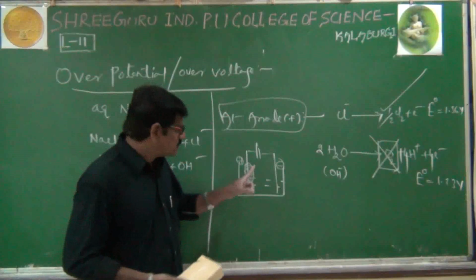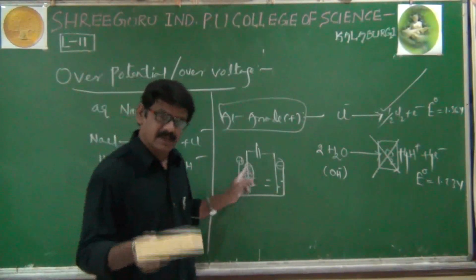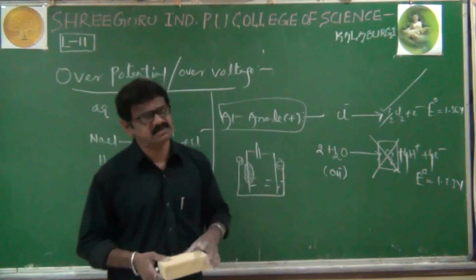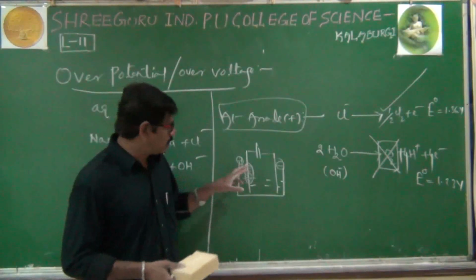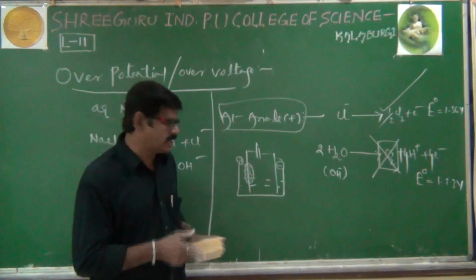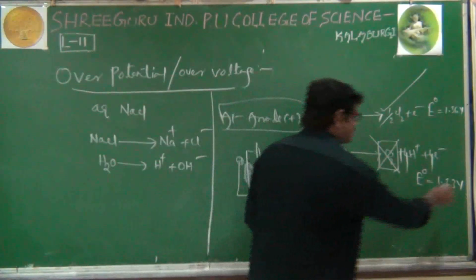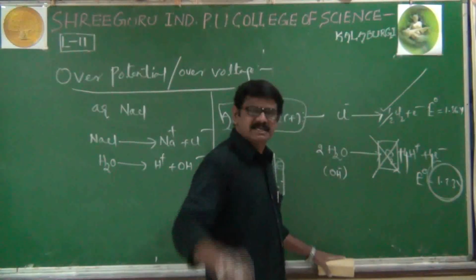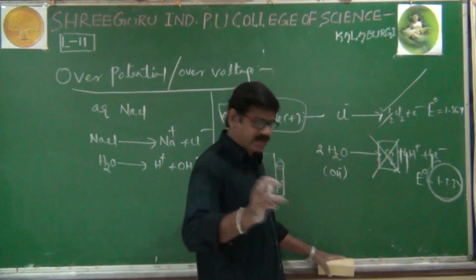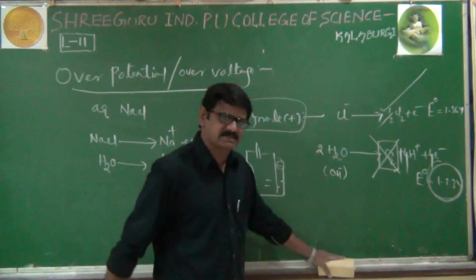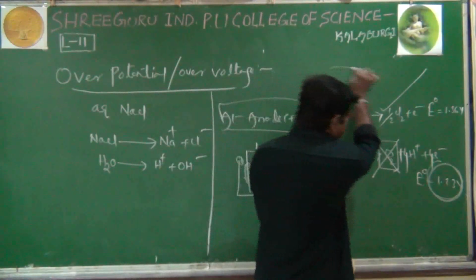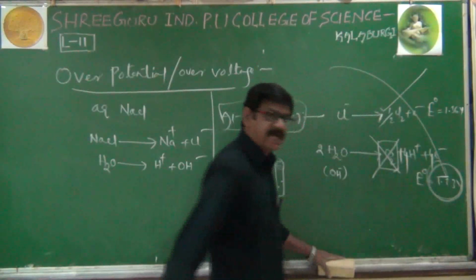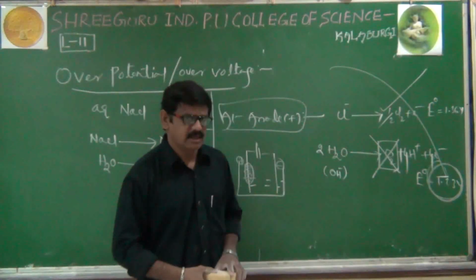This layer will prevent further oxidation. To overcome this problem, 1.23 volts is not enough for a continuous oxidation process. Then we have to supply some extra potential. Okay?